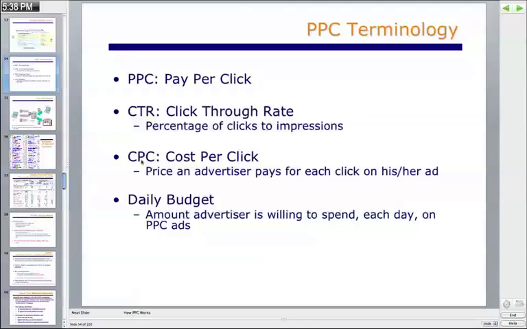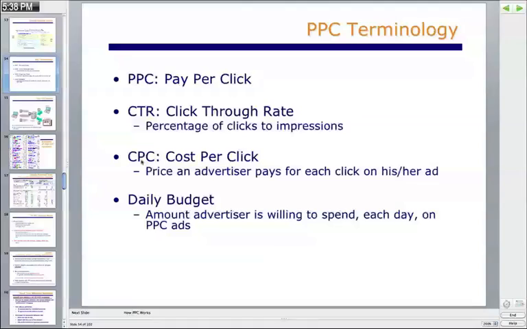Now, advertisers have certain goals for getting users on the website, and this could be purchasing a product, as in the case of Amazon trying to sell a book, signing up for a subscription, as in the case of the Wall Street Journal trying to sign up an online subscriber, or collecting contact information, as in the case of a website that is trying to sign up users for its newsletter.